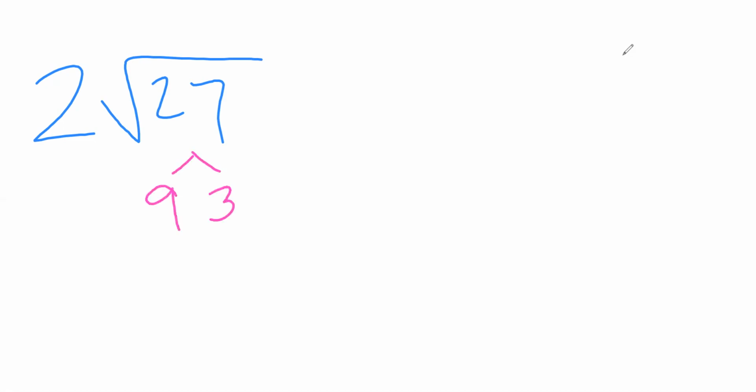This is 9 times 3. I like the 9 because the square root of 9 is 3. Actually, this is a bad example because it's 3 and 3. Let's do something different. Let's do 100. No, I can do simple math.